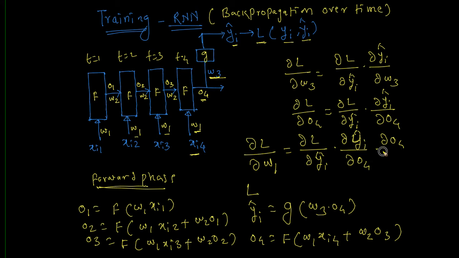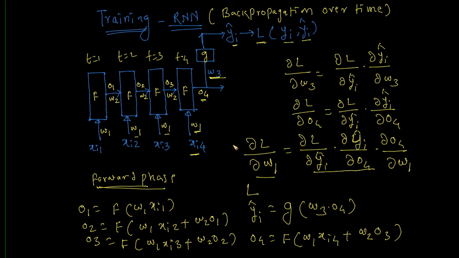That's how I can compute the derivative of the loss with respect to W1. Then, using the formula we discussed in MLP, new weight is equal to old weight plus eta times derivative. If we are able to compute the derivatives, we'll be able to update the weights.